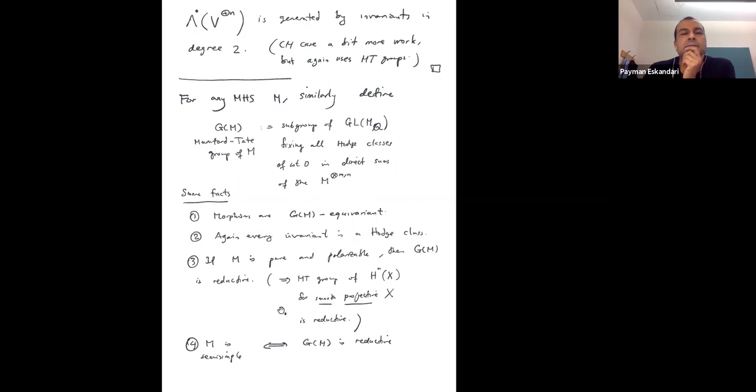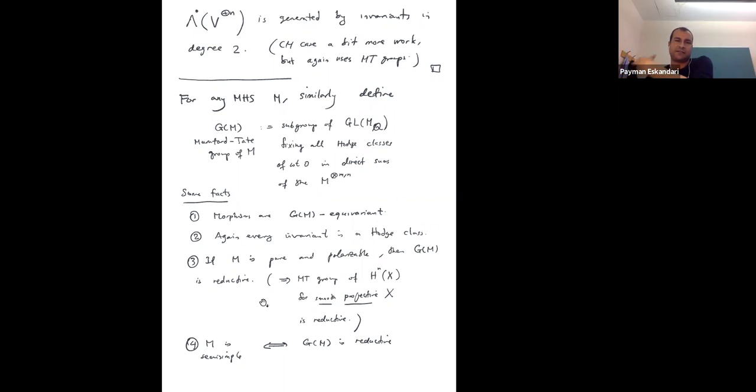Some useful facts about this Mumford-Tate group: first of all, morphisms are G_M-equivariant. They respect the action of the Mumford-Tate group. Again, just like in the pure case, every invariant is a Hodge class of weight 0. If M is pure and polarizable, then G_M is reductive.